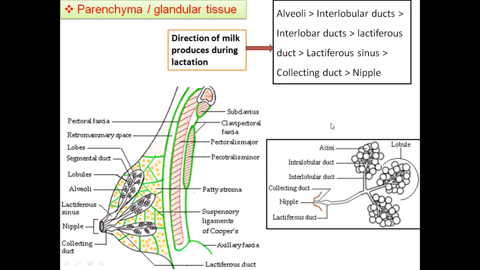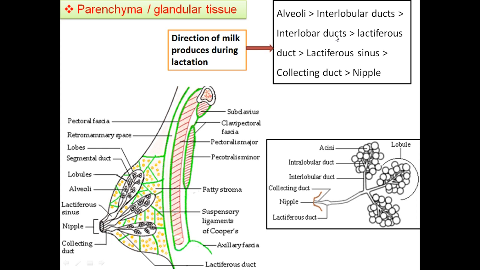And here in this image we can well appreciate all the structures of the gland. So here you can see the direction of the milk production during lactation. Alveoli produce the milk, and these alveoli are acini that drain into the milk duct.